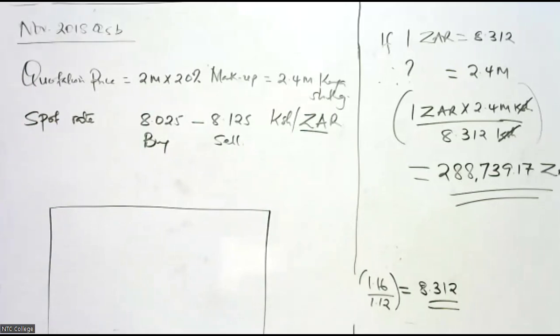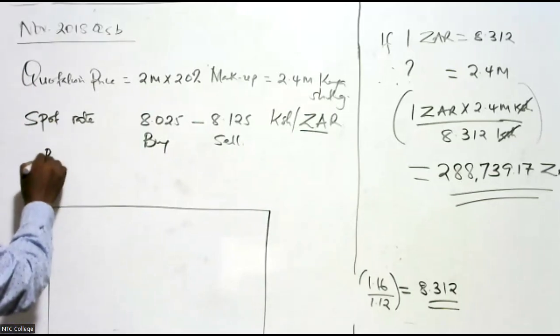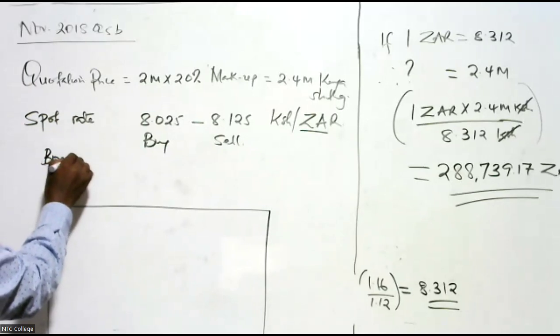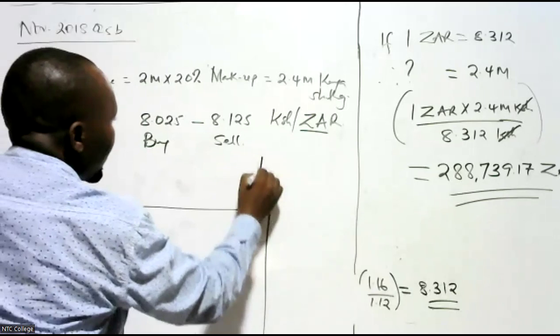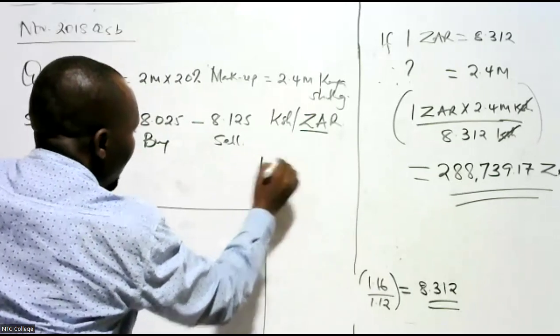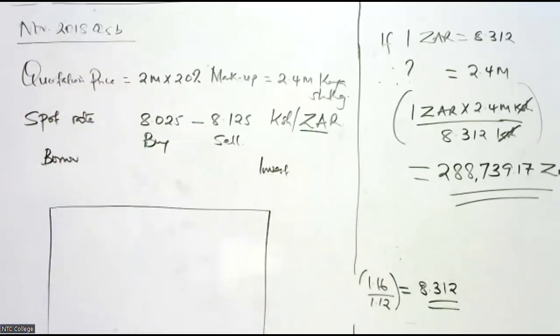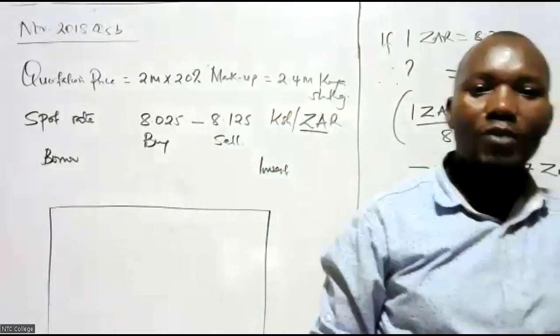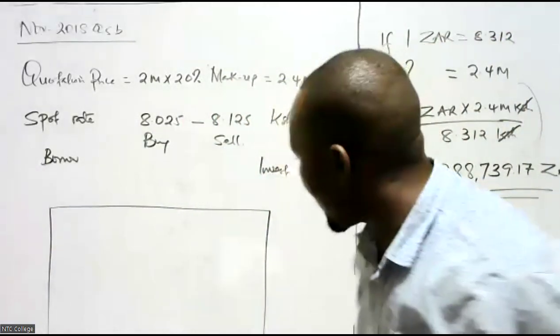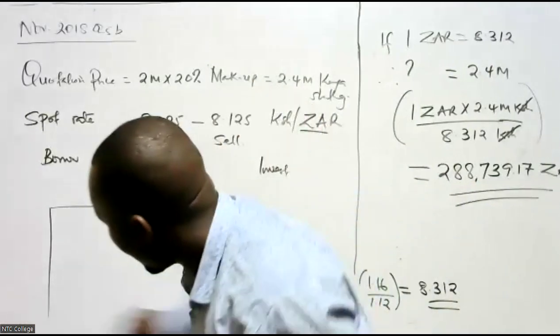Then this one is borrow. To avoid confusion, just have borrow here. And then you have invest here. So this one is a foreign receipt, not payment. The other one was payment. The one that we did was foreign payment. Tuko pamoja? Hii sasa ni foreign receipts.